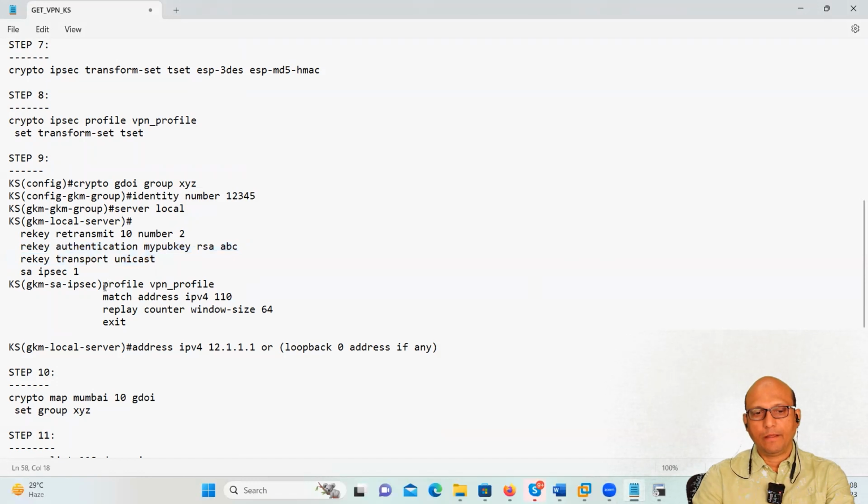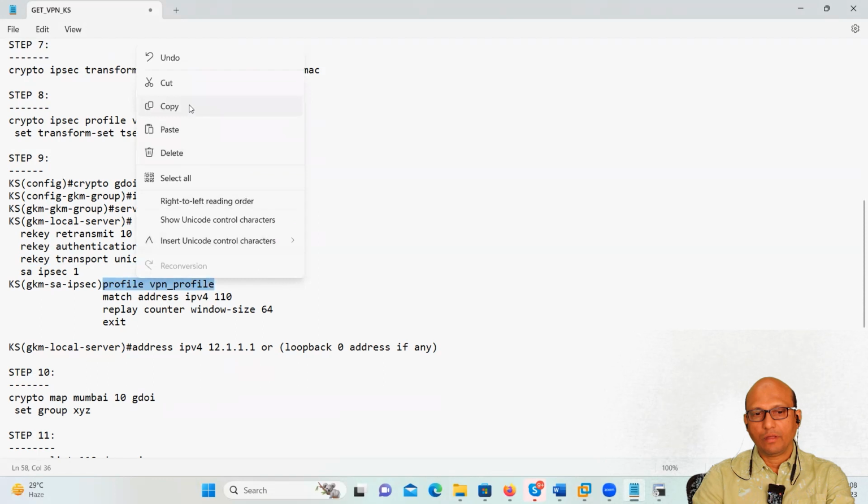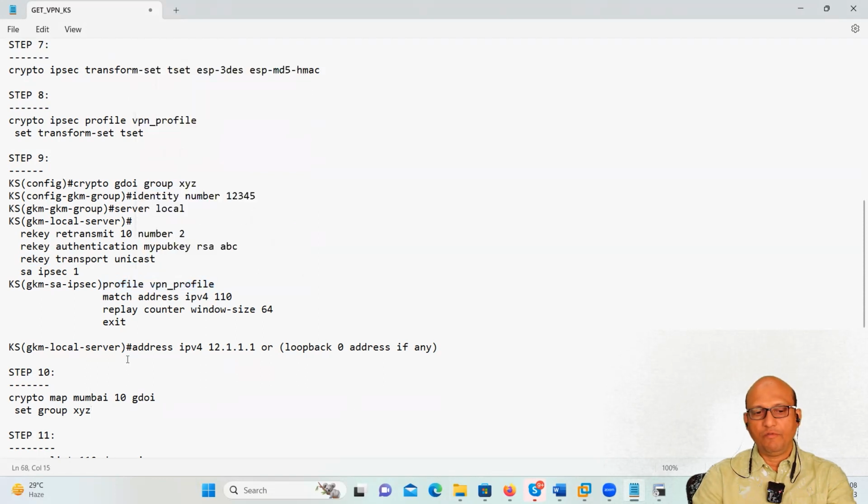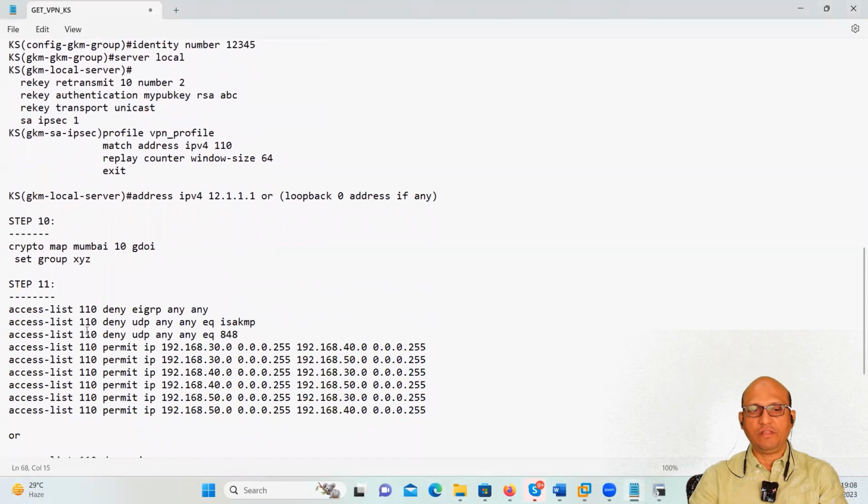You see how I enter in different menus. Now I say, once I go there, I have to enter into profile some name. But before that, I have to create an access list. Now in this access list, you see what is the important part. I'm telling my router that please don't encrypt EIGRP.